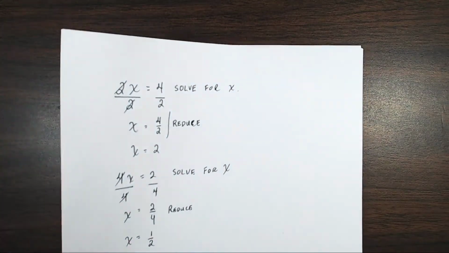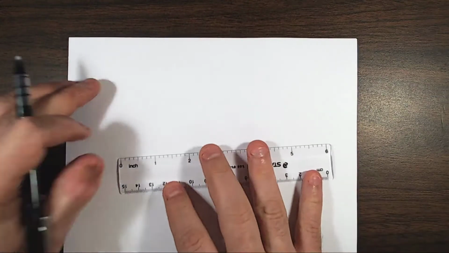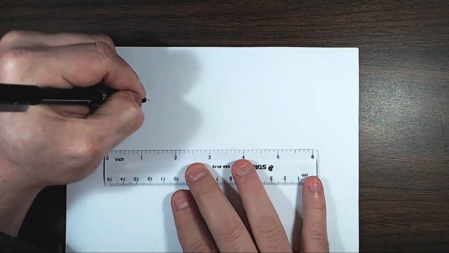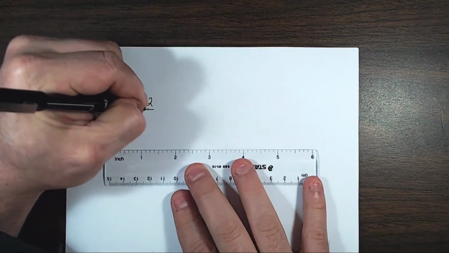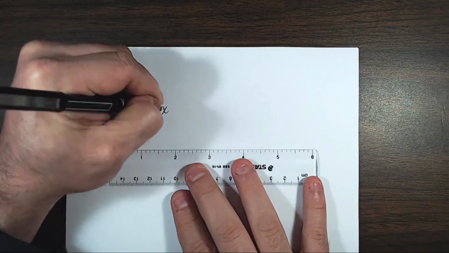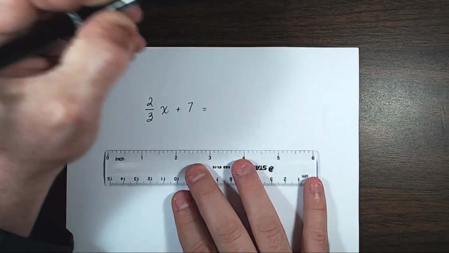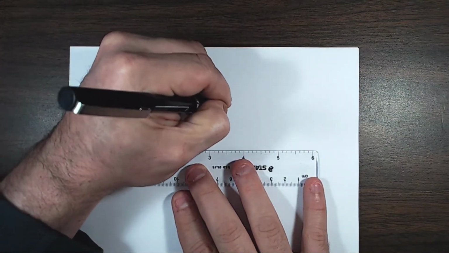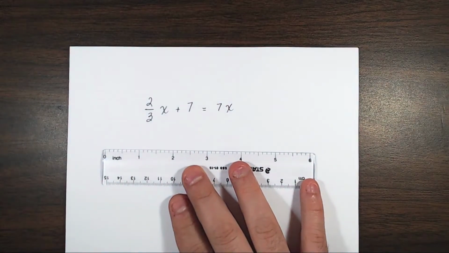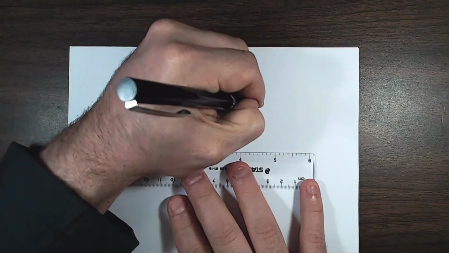Now, we can complicate this problem a little bit. Again, we're going to be solving for x, but we're going to introduce a couple more complications. So now imagine you're given this: 2/3 x plus 7 equals 7x. And I say solve for x.